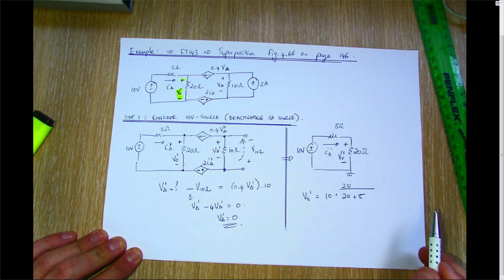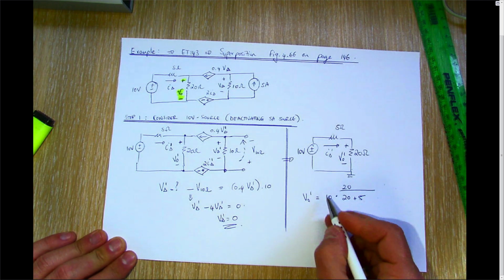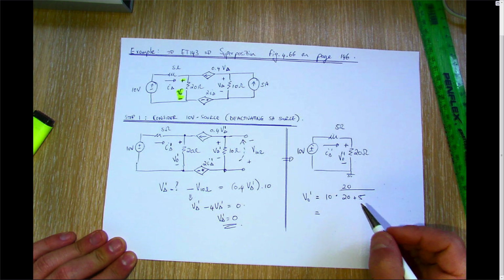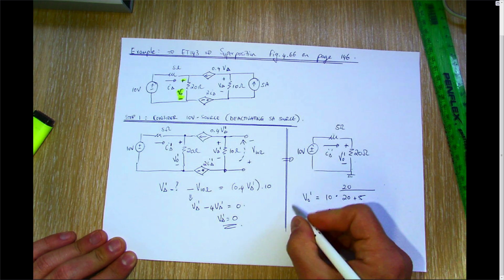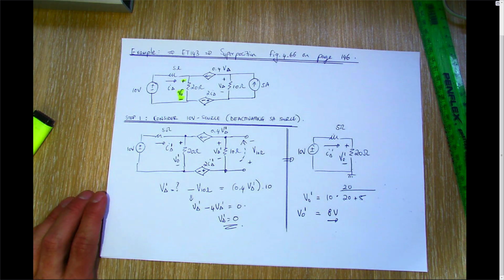Okay, so I urge you to review that part of the lectures on voltage division because it comes in very, very handy as we see over here. If you calculate that, this is equal to 8 volt. So V0 prime, as we've seen over here, is equal to 8 volt.